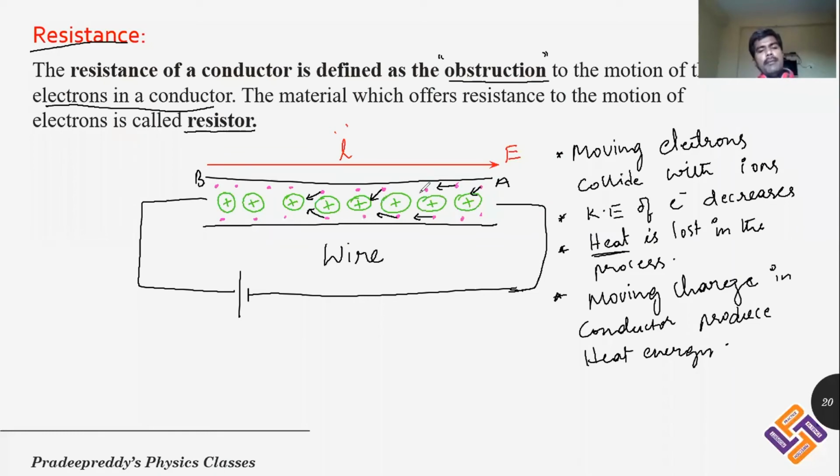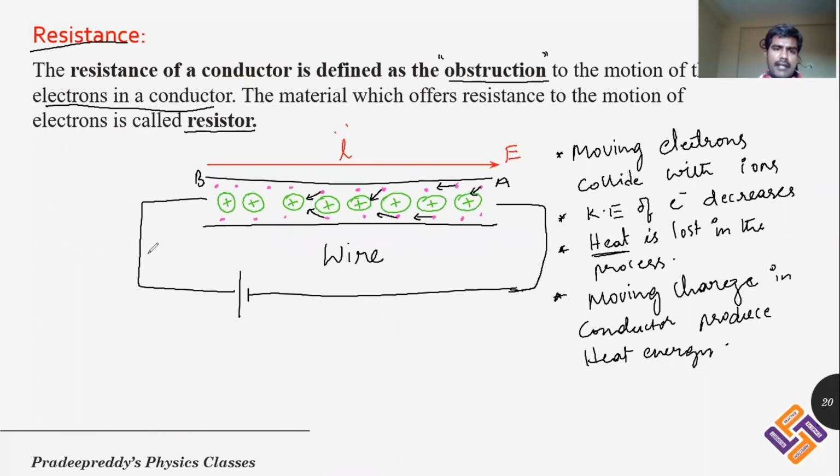So therefore, remember, any metal it can be, every metal will offer some resistance, but in case of some metals there will be a lesser magnitude of resistance. In case of some others, there will be a greater magnitude of resistance.